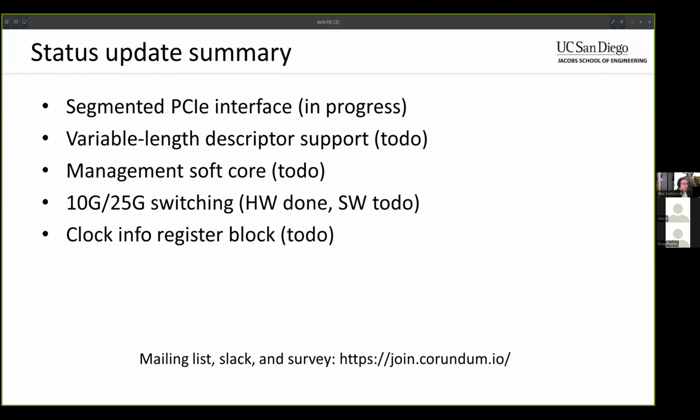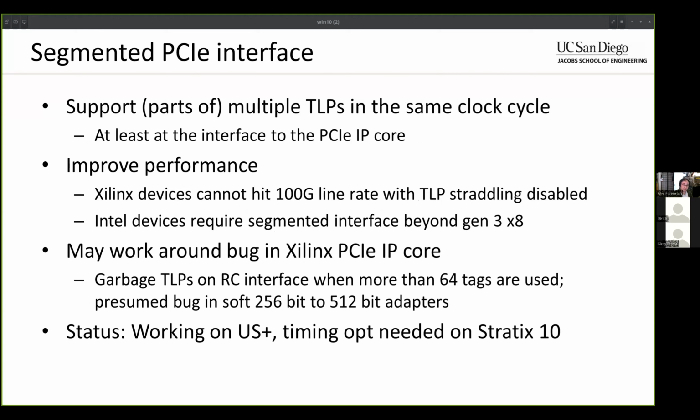So the main thing that I've been working on is the segmented PCI Express interface. The idea behind this is to be able to support moving parts of multiple TLPs in the same clock cycle. Part of the idea is to improve the performance by effectively filling in the empty space at the end of each transferred packet.